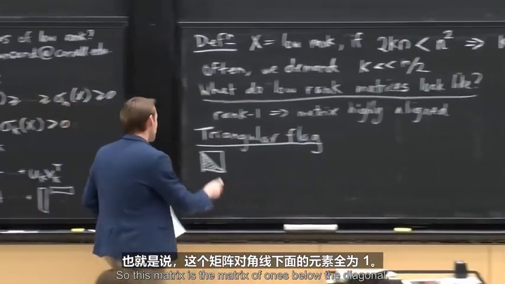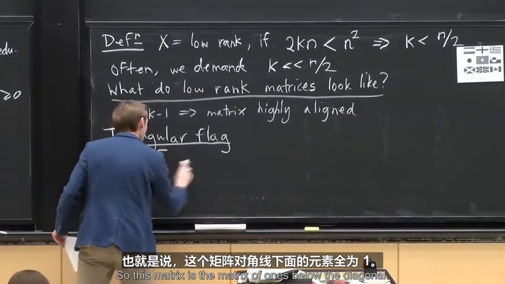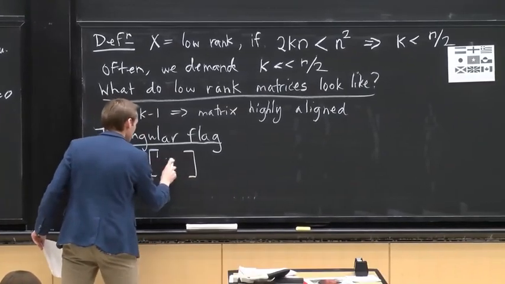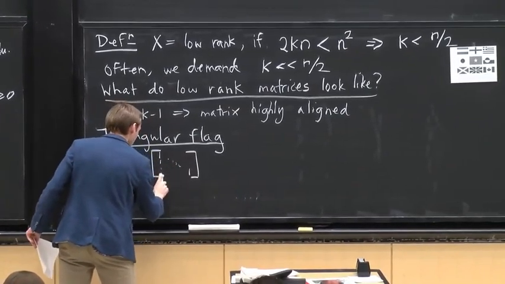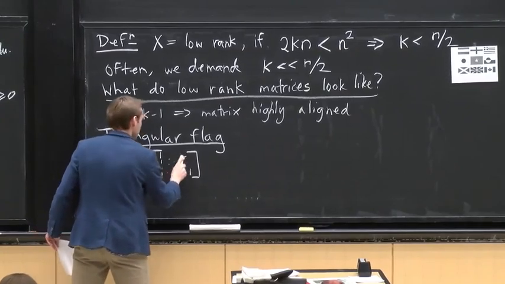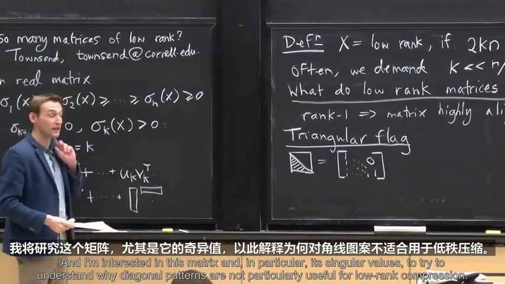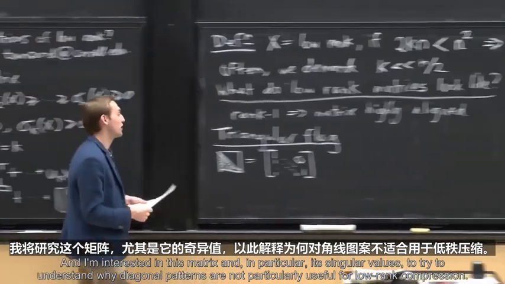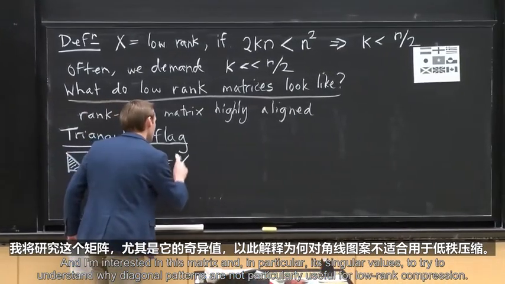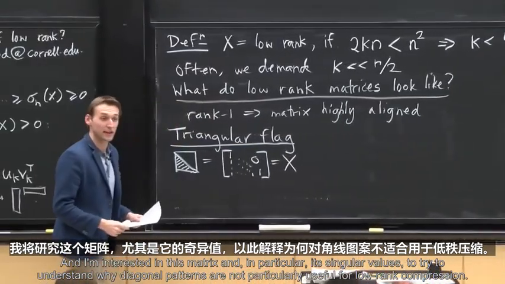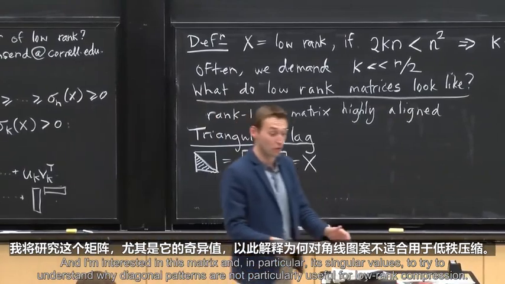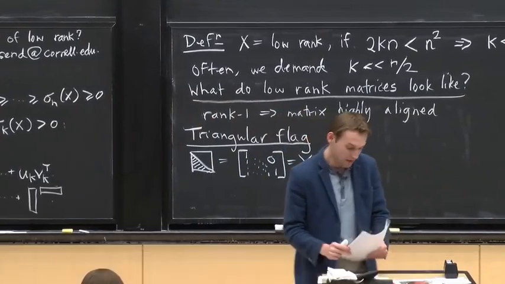Okay, so this matrix is the matrix of 1s below the diagonal. And I'm interested in this matrix, and in particular its singular values, to try to understand why diagonal patterns are not particularly useful for low rank compression.